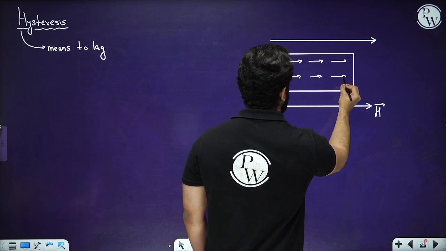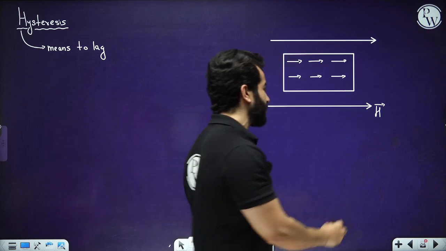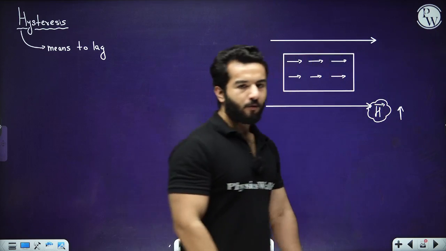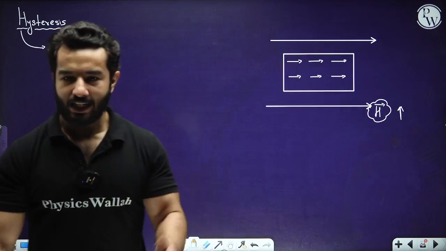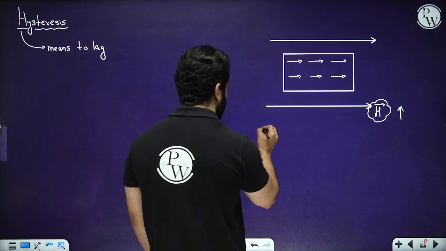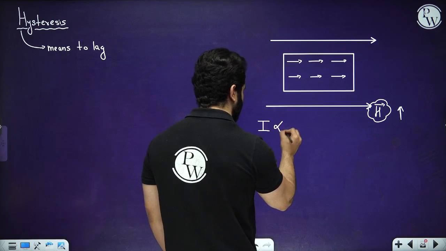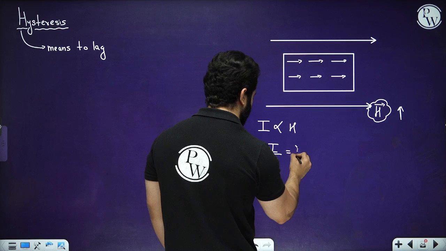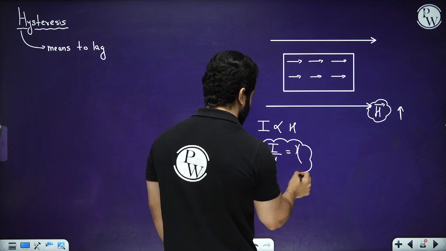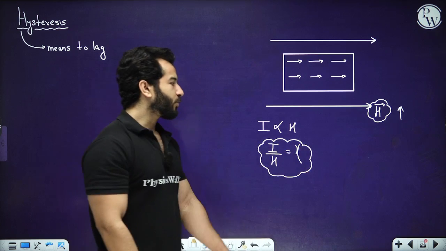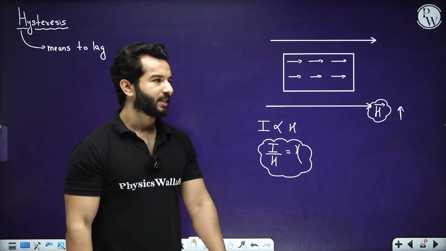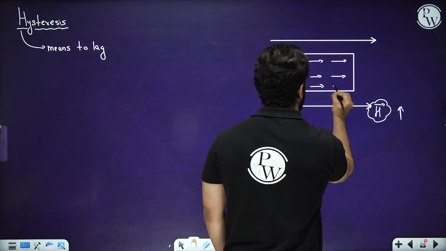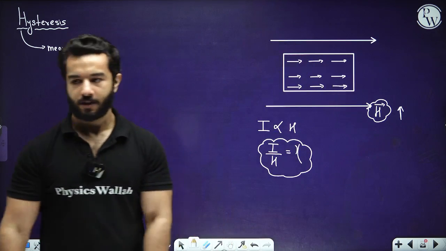With increasing H, M will increase. We have seen that I is directly proportional to H, and I by H is a constant, which is the magnetic susceptibility. So as you increase H, magnetization will increase. At a certain point, all of these magnetic moments will get aligned in a particular direction.